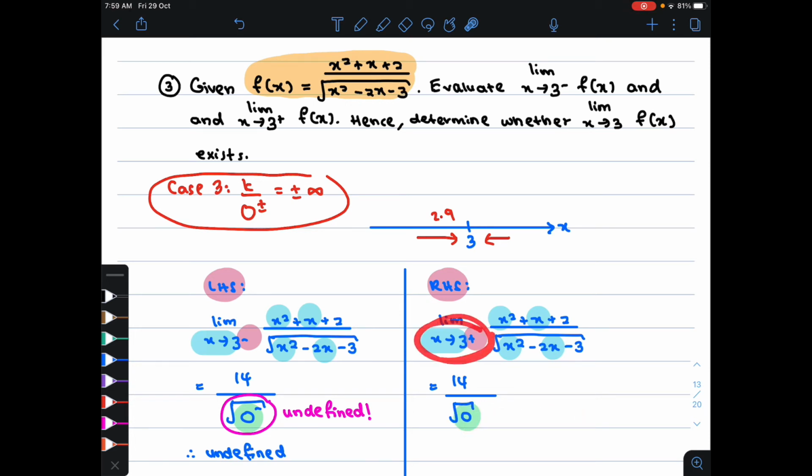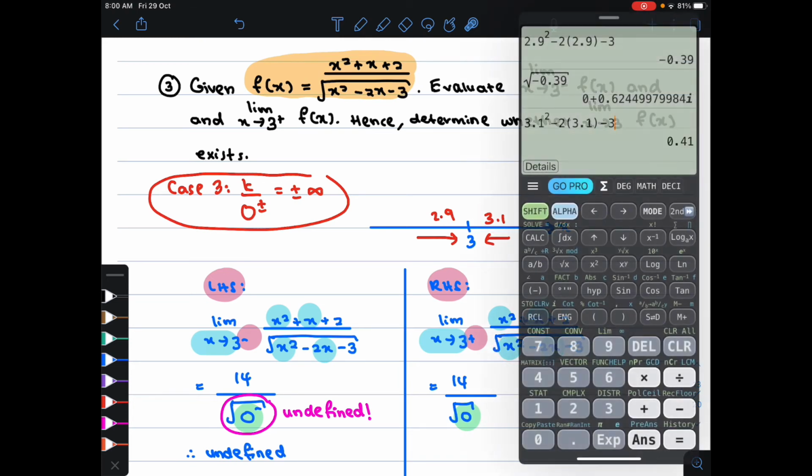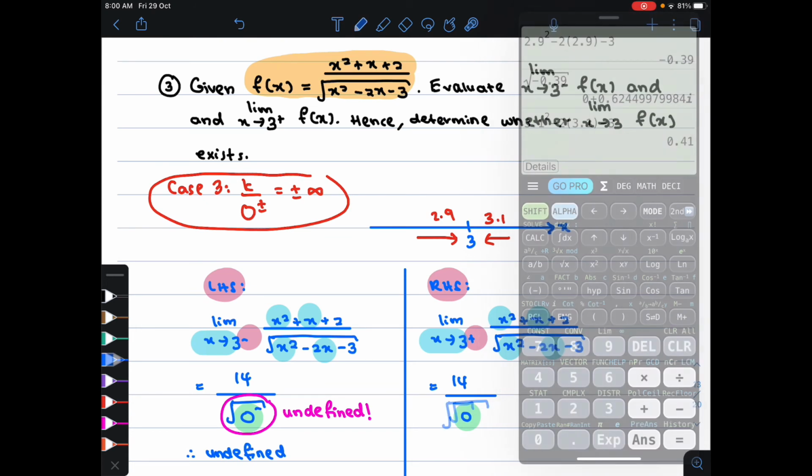Since x approaches 3 from the right hand side, pick any value that is very close to 3 on the right hand side. Say that I'm going to take 3.1. So substitute 3.1 into x squared minus 2x minus 3. And the answer is 0.41.